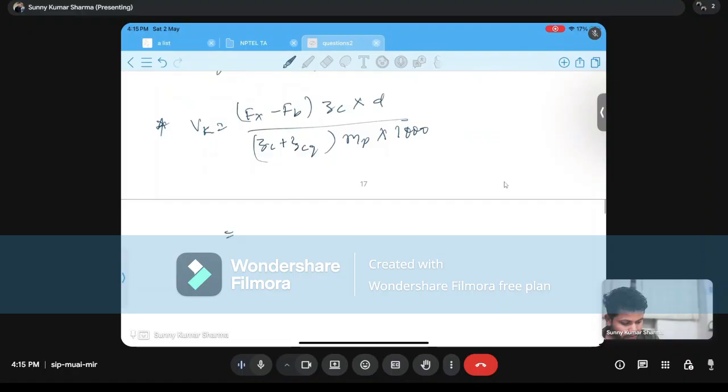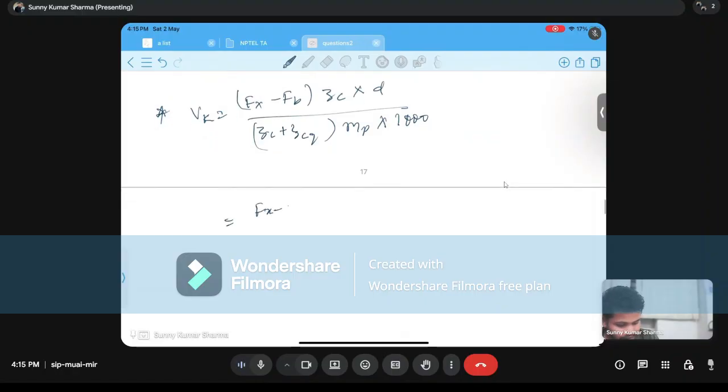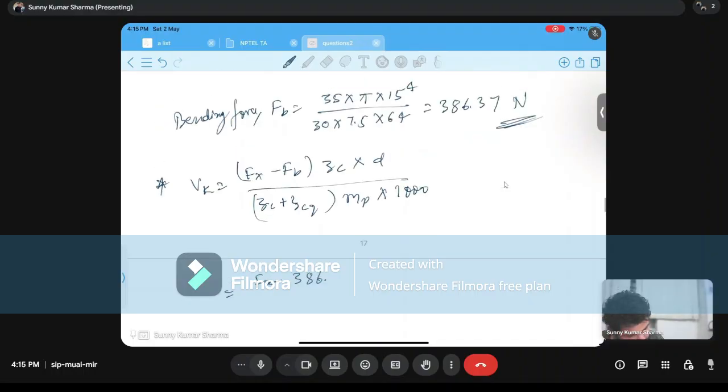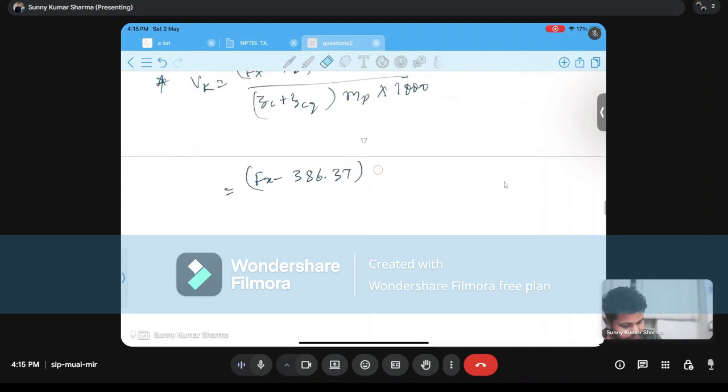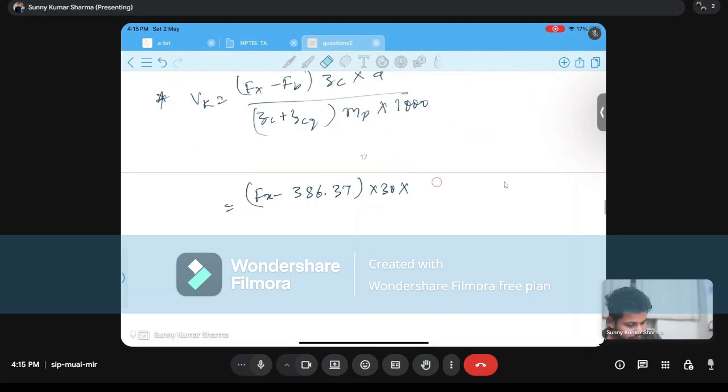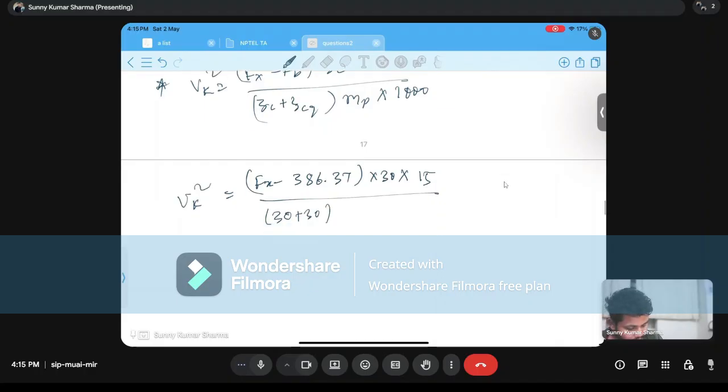Fx we need to find out. So Fx minus 386.37 into Zc is 30 into D is 15 by 30 plus 30, this is Vk square, 30 plus 30 into Mp is 0.02.